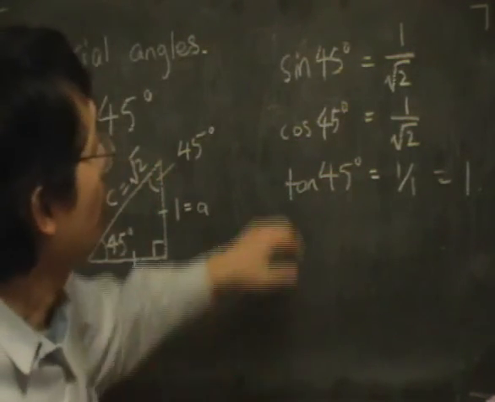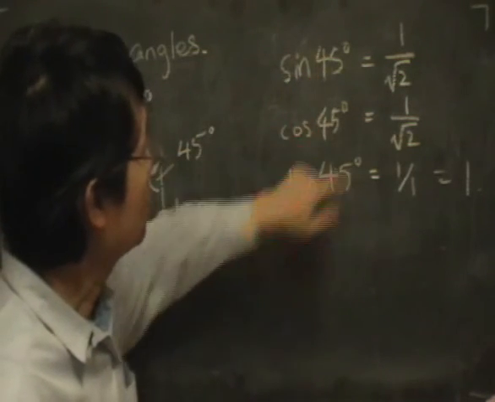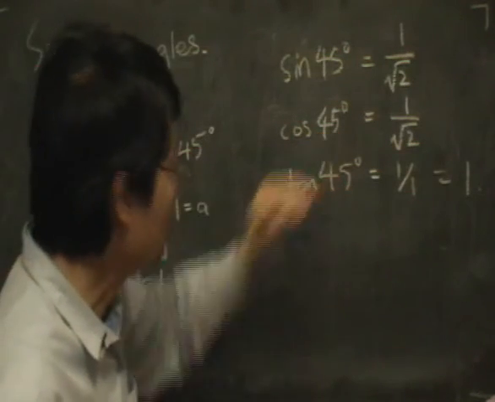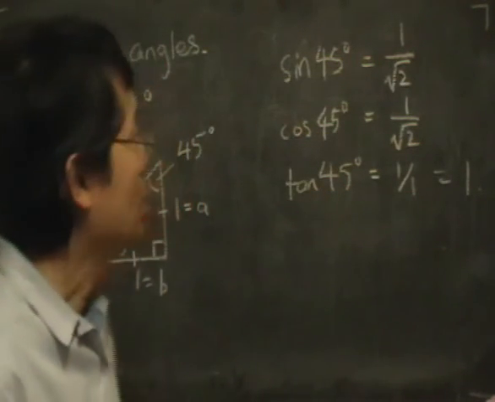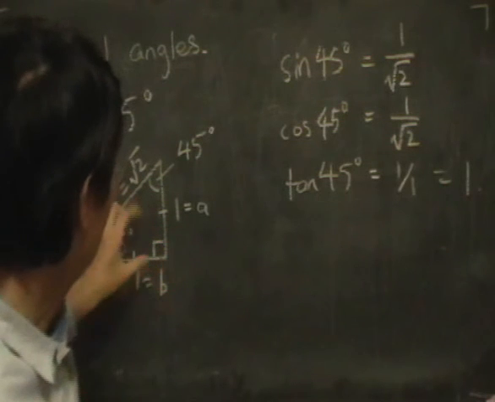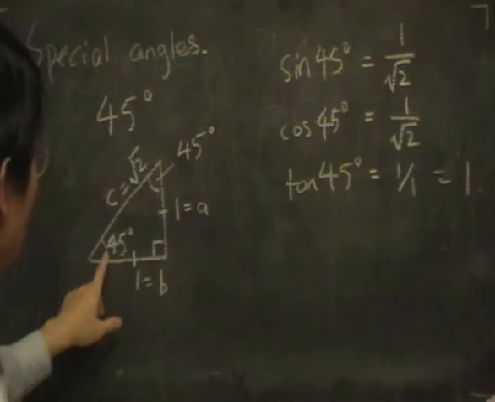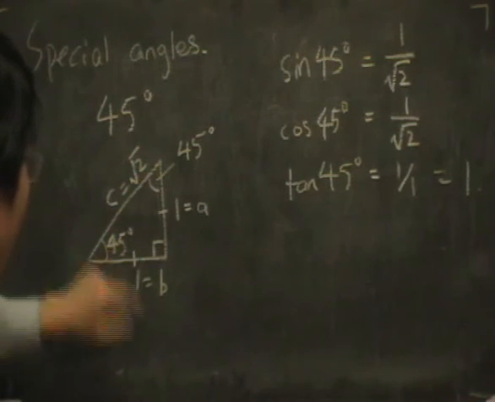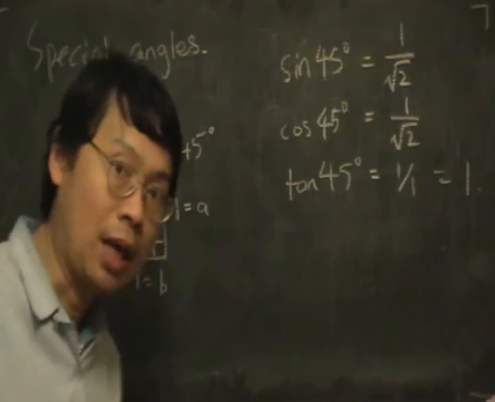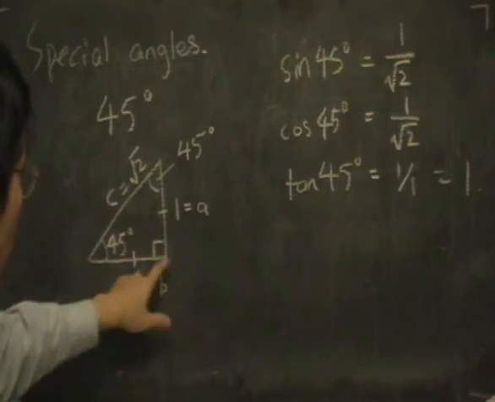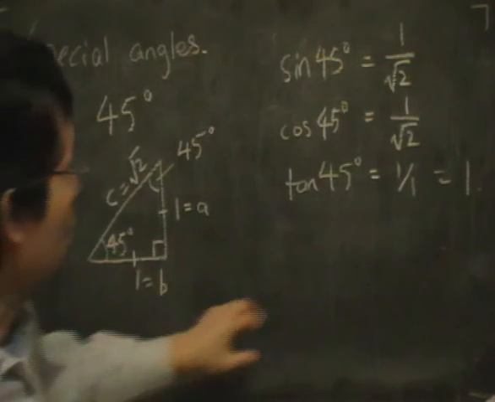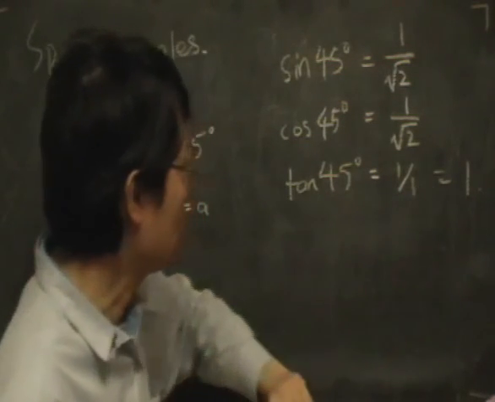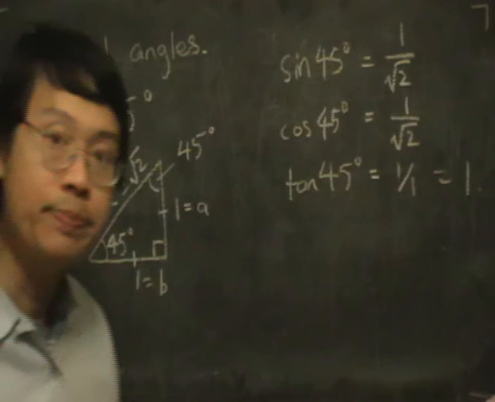Notice that sine 45 degrees is exactly the same as cosine 45 degrees. So this is something special for the 45 degrees angle, because it gives us a right angle triangle that is also an isosceles triangle with the two sides equal. And for the same reason, the tangent 45 degrees is equal to 1. So that's also a rather special case.